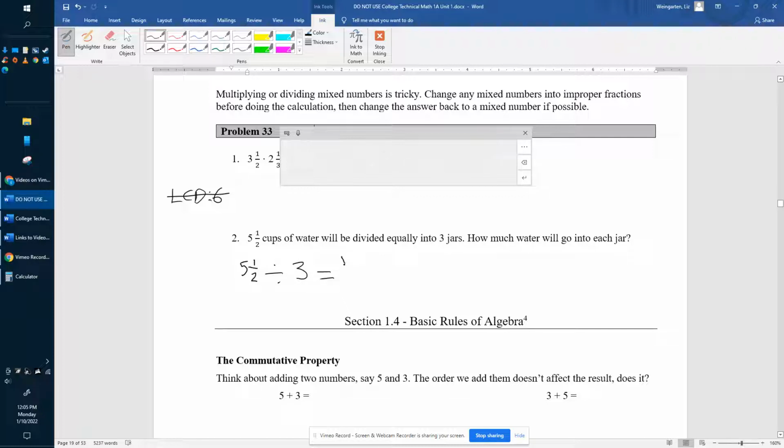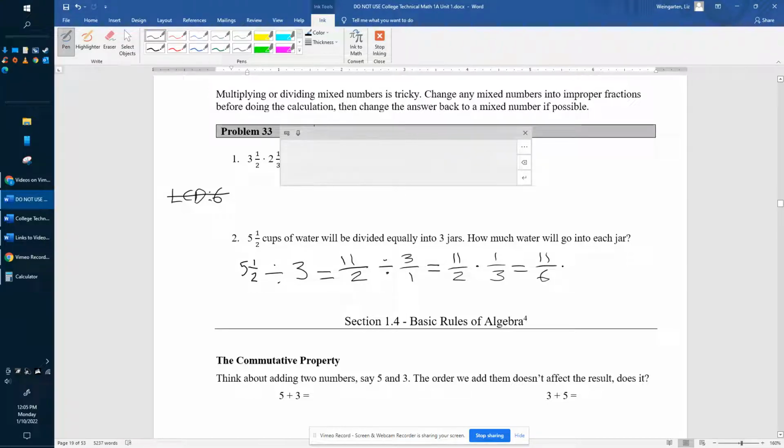That's going to be 11 halves divided by, and remember, 3 is just the same thing as saying 3/1. So when we turn this division into multiplication, it's going to be 11 halves times 1/3. That's going to give us 11 sixths.